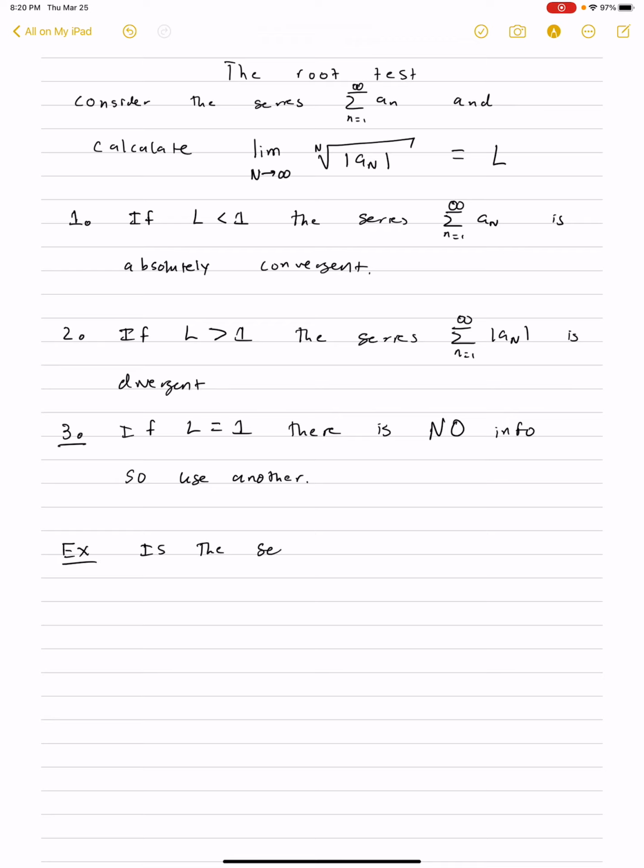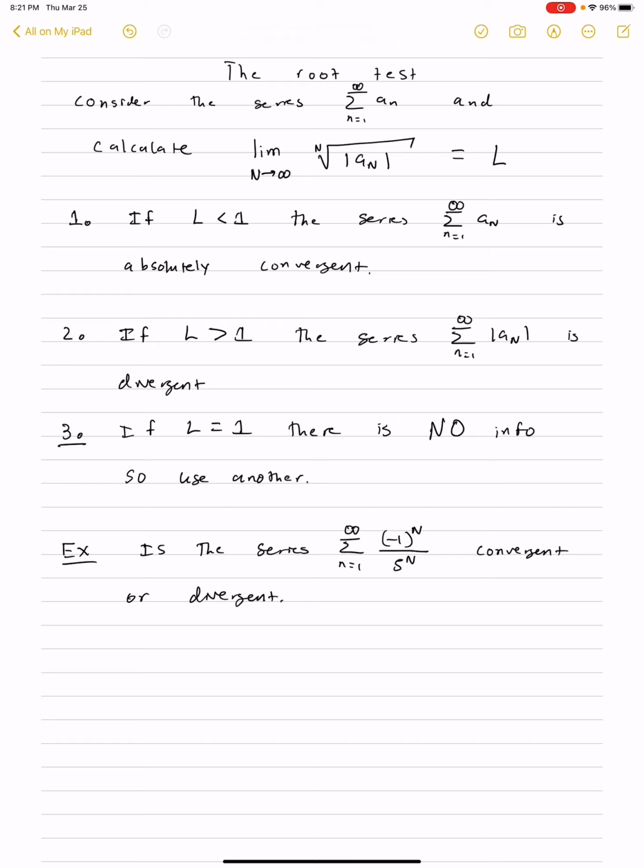Is the series convergent or divergent? Now, if we're just asked this question, convergence or divergence, we could use the alternating series test.